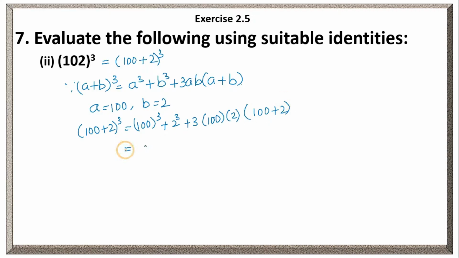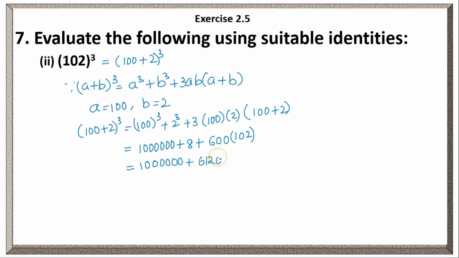Clear? 100 cube value is 10 lakhs plus 2 cube is 8. 2 into 2 into 2, which will become 8. 3 into 2, 6. 6 into 100, 600, plus 600 into 102. Clear? Now 10 lakhs plus what it will become? 612. 6 into 102 is 612.